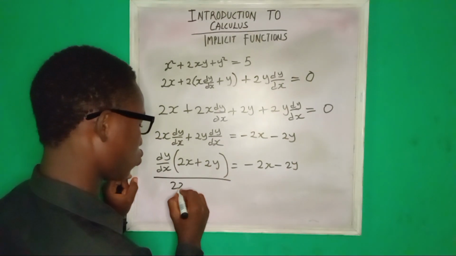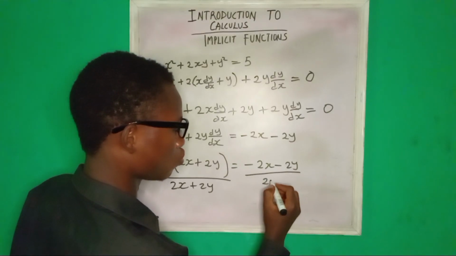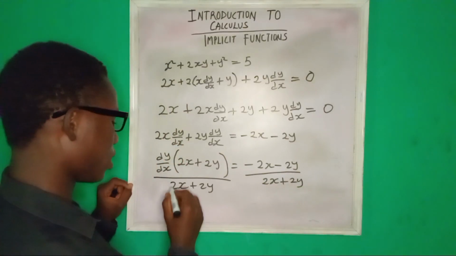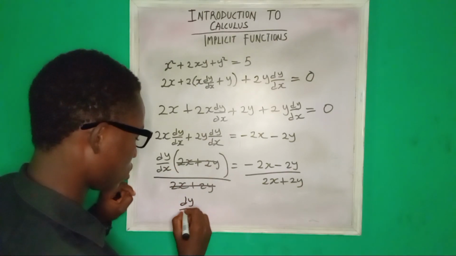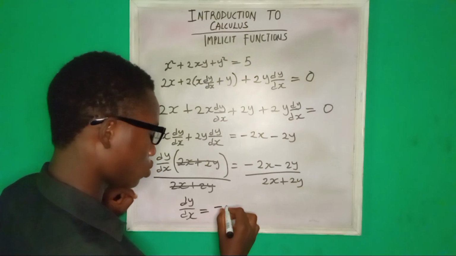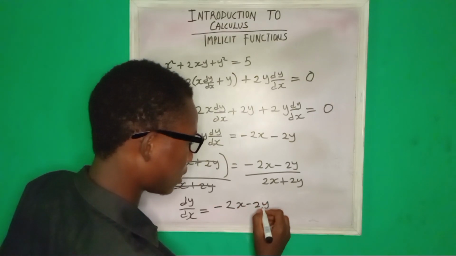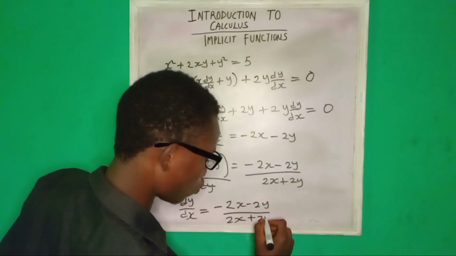We have it as 2x plus 2y here, and we also have 2x plus 2y here. This one cancels this one. We have our dy/dx is equal to minus 2x minus 2y divided by 2x plus 2y.